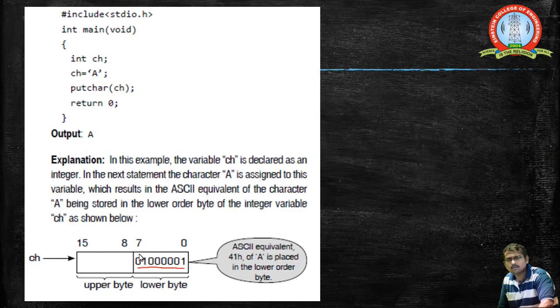The lower order byte will consist of the binary value of the character A, in the sense, the binary of the corresponding ASCII value for this A. So the ASCII equivalent is stored in the lower order byte, and it is shown as such here.